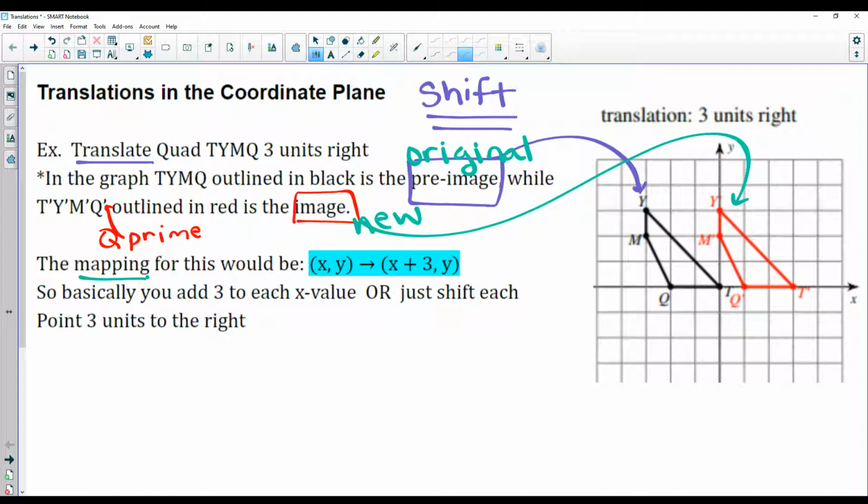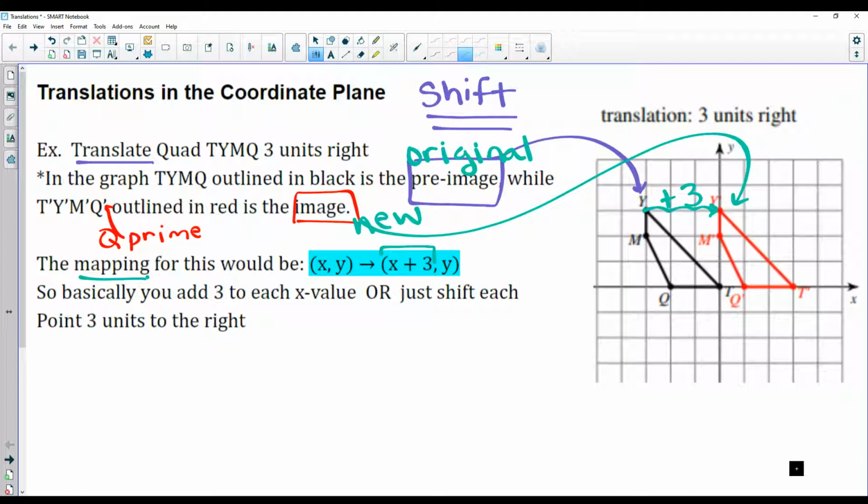If we want to shift our shape to the right 3 units, all we have to do is add 3 in the x direction. So if we take Y and move that 1, 2, 3 units to the right, we have added 3 in the x direction. So that's all that's happening here.